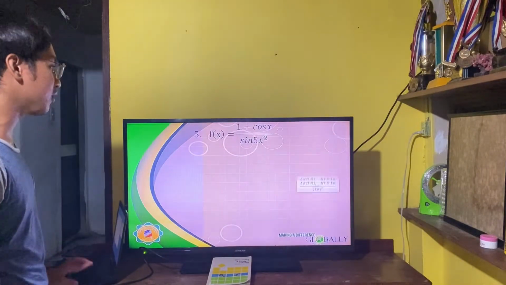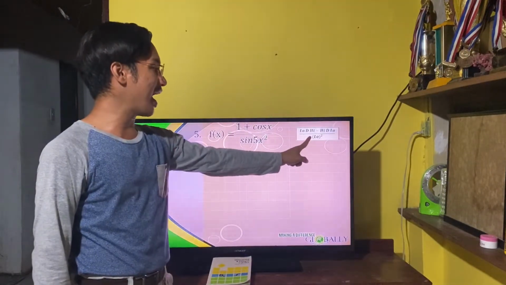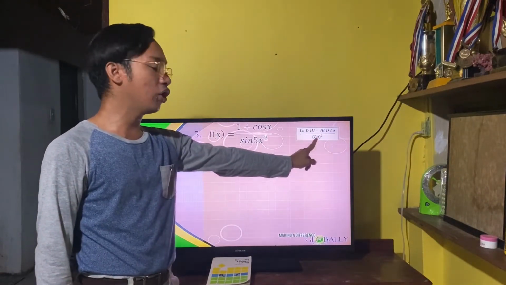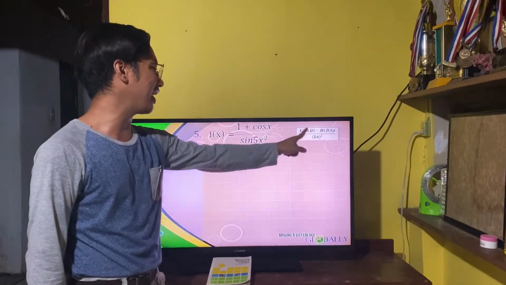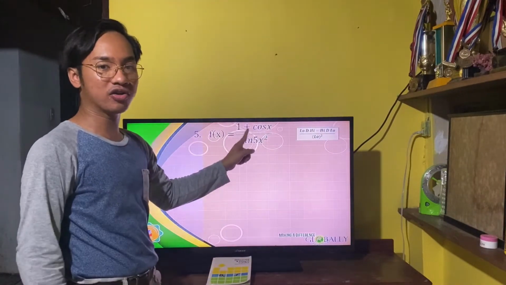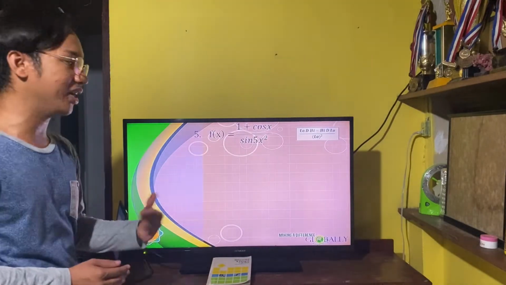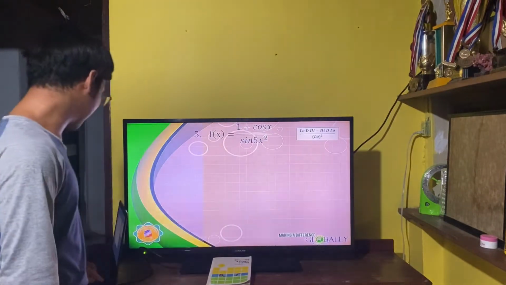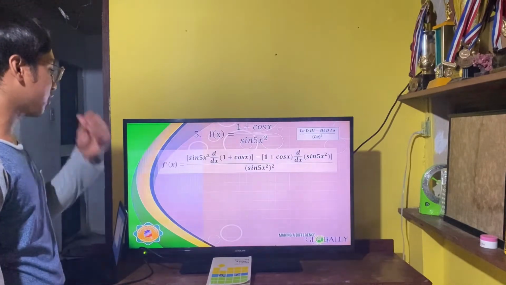So let's review the formula for the quotient rule, which is low d high minus high d low all over low squared. Low is the denominator and high is the numerator. That is how we do it in order for us to master the rule easily. And now we need to apply this low d high minus high d low over low squared.